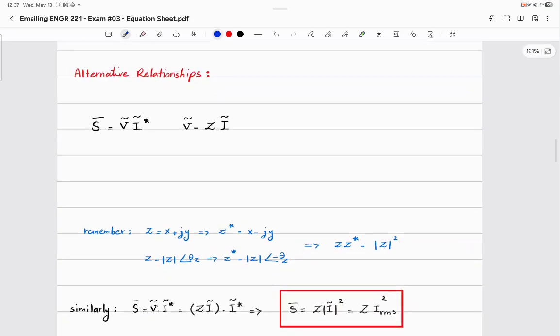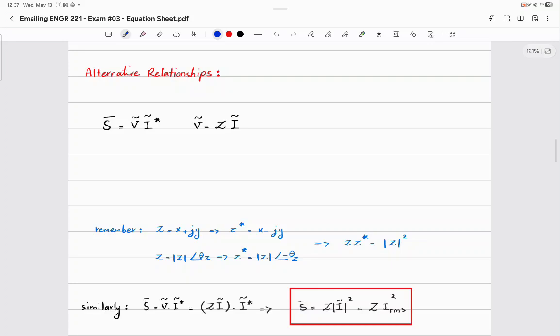Now, let's derive some alternative relationships for complex power. Before doing that, let's assume that I'm focusing on a piece of circuit like that.